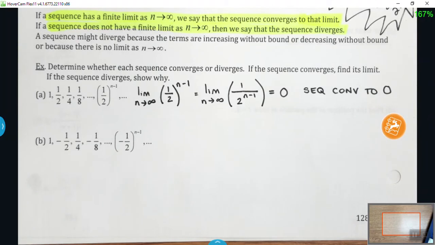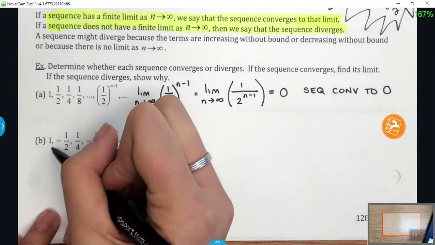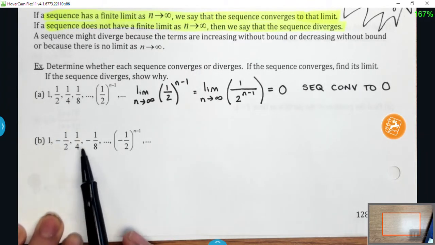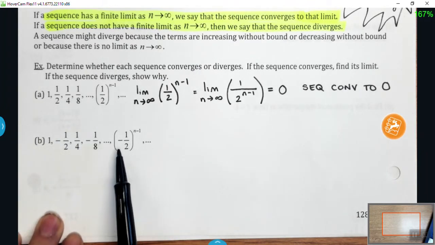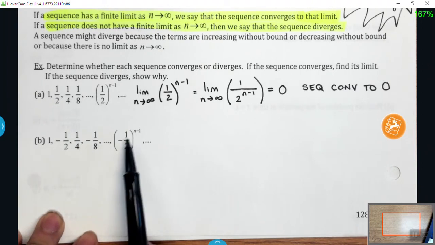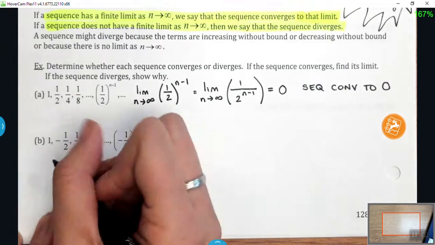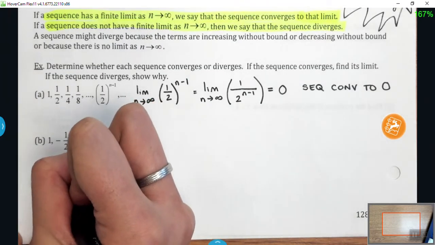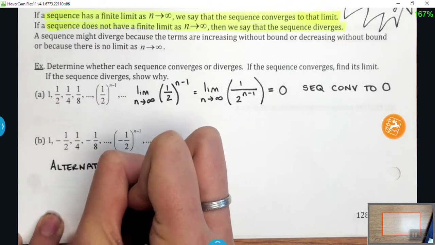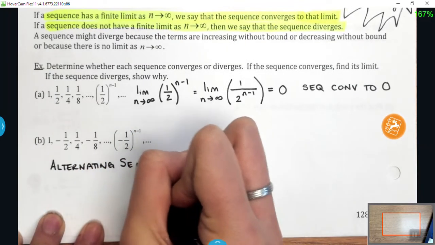Now, what happens when it's the same sequence, but it goes positive, negative, and then keeps going positive, negative, because of that negative 1 to the n minus 1. This is called an alternating sequence. Does it oscillate, or does it just point up and down?